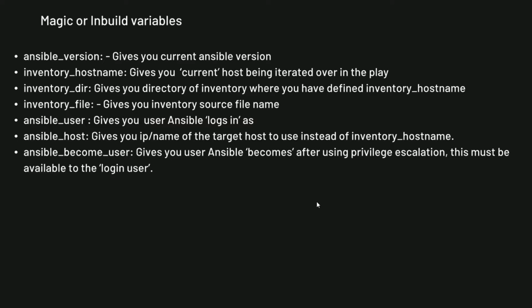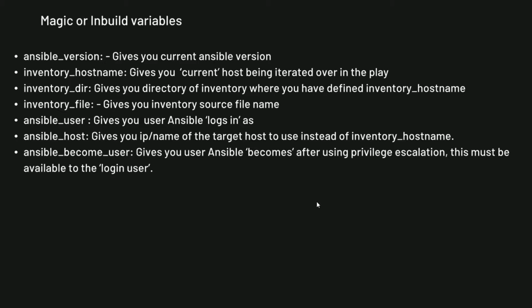Moving to the next is inventory_dir. As the name suggests, it gives you the directory of the inventory where you have defined the inventory of hosts, that is the path of your inventory file, right? Then the fourth variable here is inventory_file. This gives you the inventory source file name.